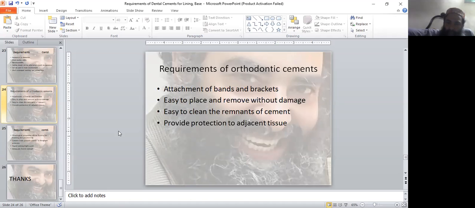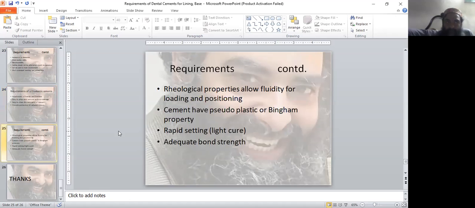It also provides protection to adjacent tissues. Rheological properties also allow fluidity for loading and positioning. When we are positioning and placing the brackets, the cement has pseudoplastic or Bingham property.